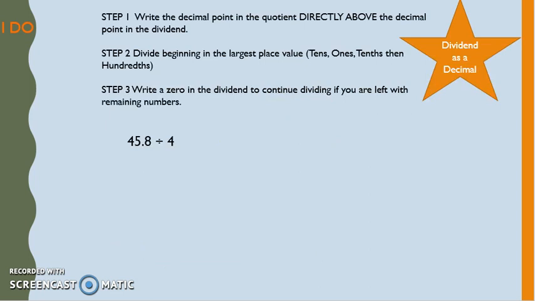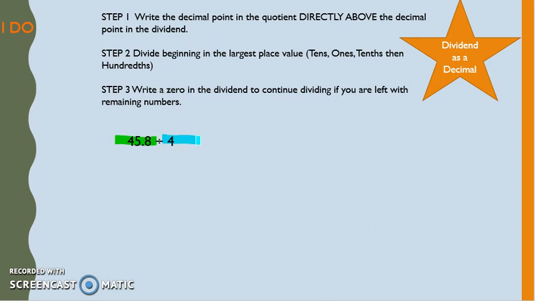Okay, let's take a look at our first problem. So in this problem, we are going to have an example where the dividend is a decimal. So let's review which number is the dividend. 45.8 is our dividend, and 4 is our divisor.